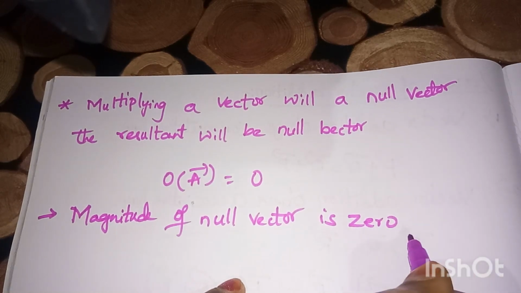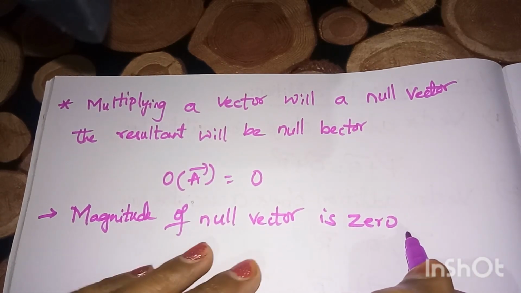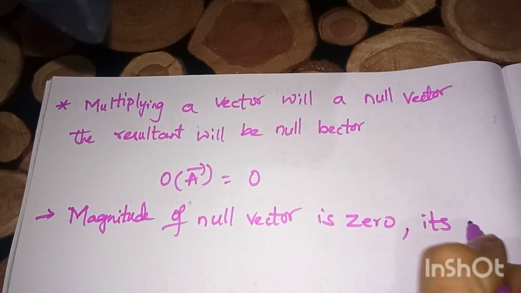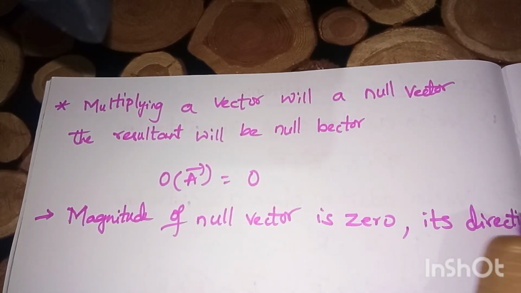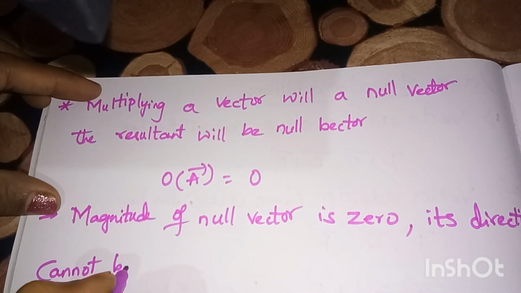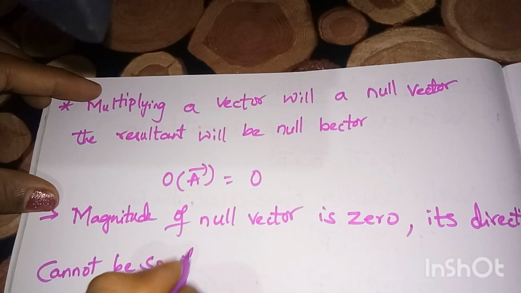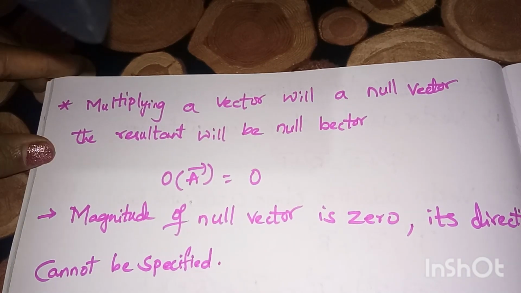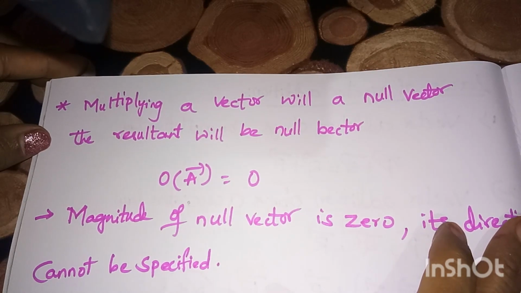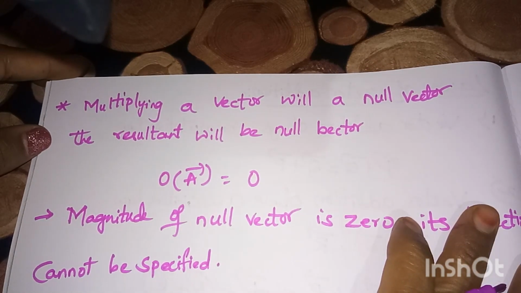So the null vector's direction cannot be specified, and the magnitude of the null vector is 0. So this is about addition of vectors and laws of vector addition.